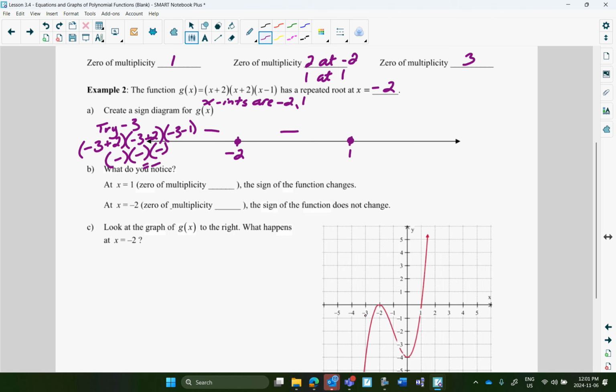And notice that's what's happening down here. This has a multiplicity of 1. It doesn't bounce back. It goes straight through. So it goes from below the x straight through to above the x. It becomes positive.